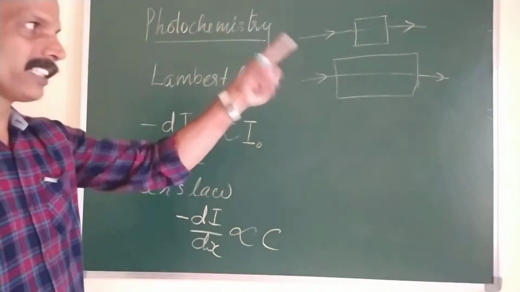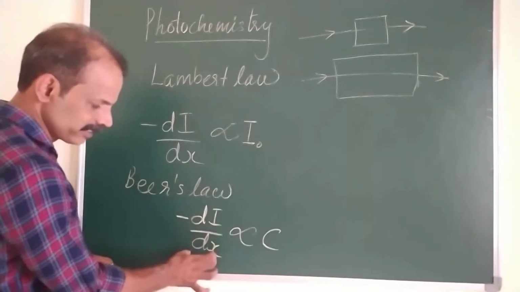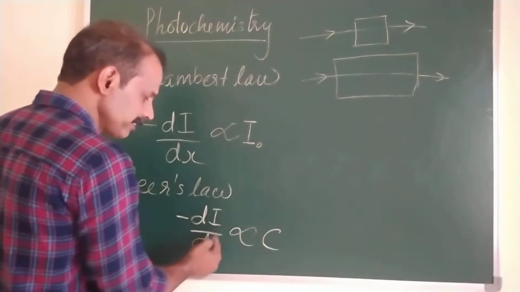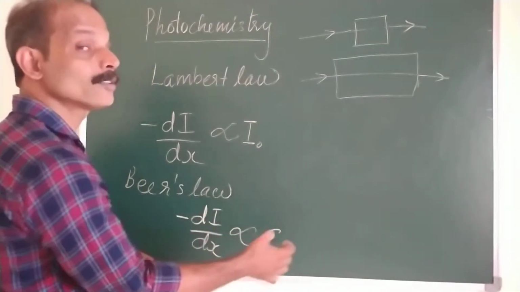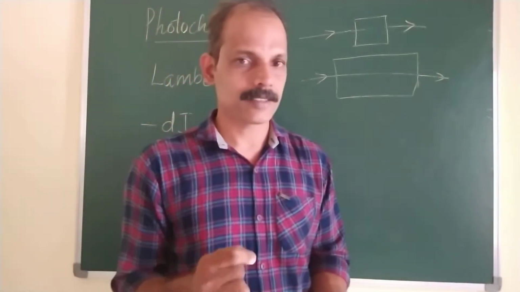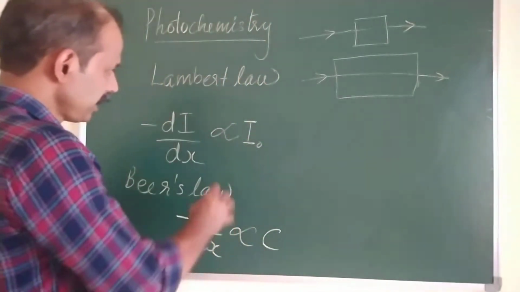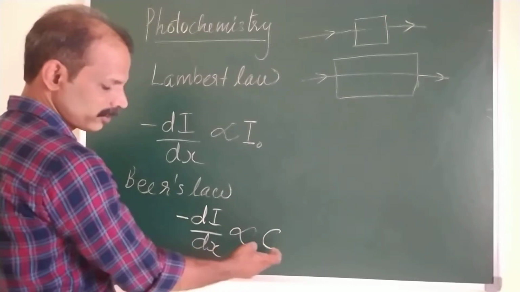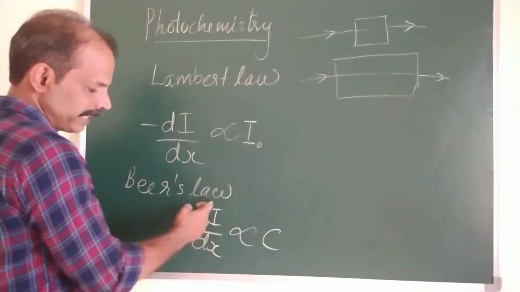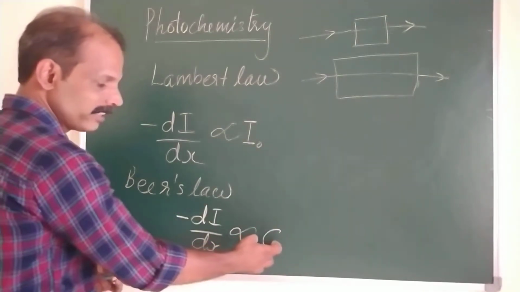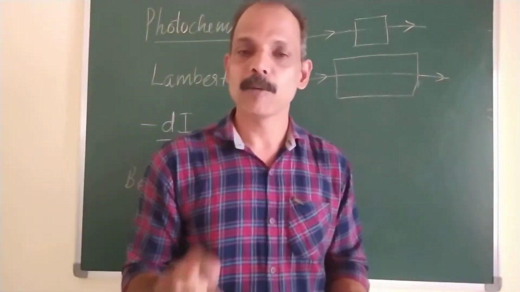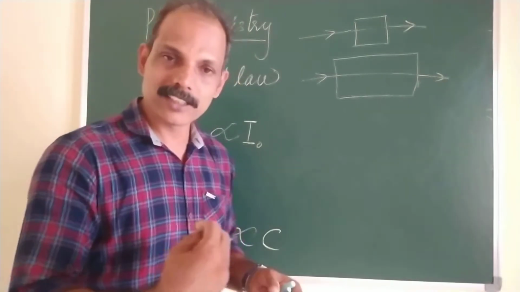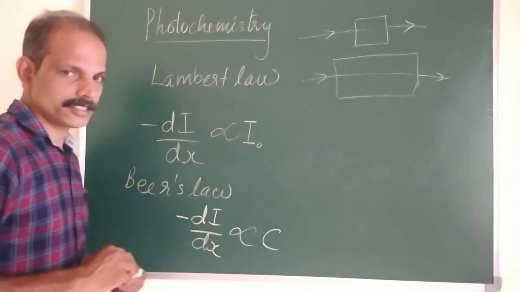As the concentration increases, the decrease in intensity also increases. This is because as the concentration increases, the number of particles increases, and each and every particle will absorb radiation, so the intensity decreases.